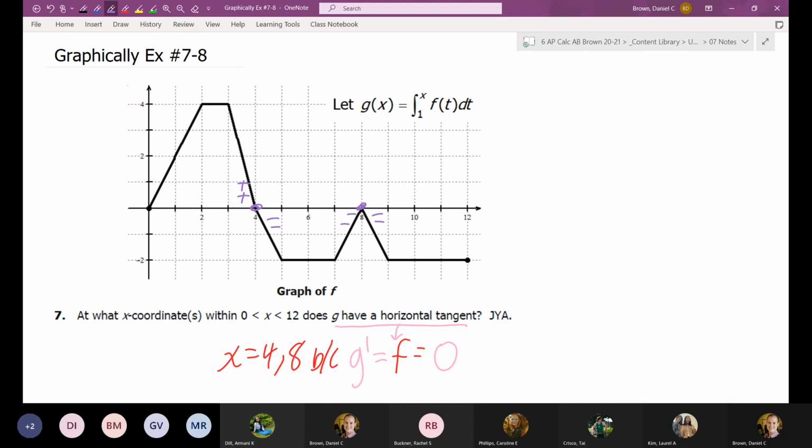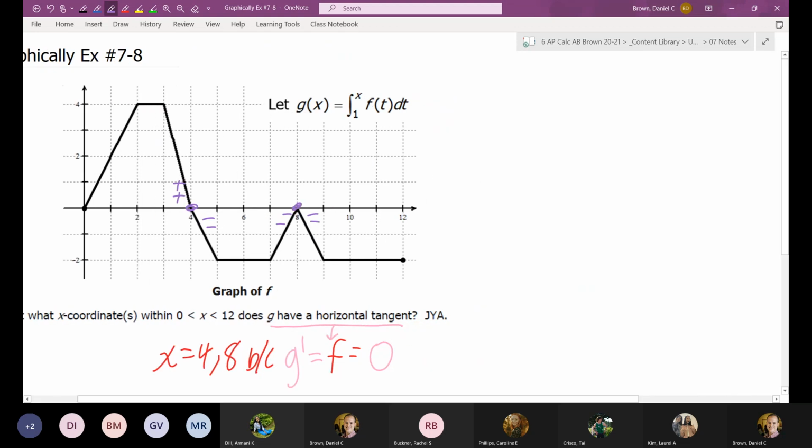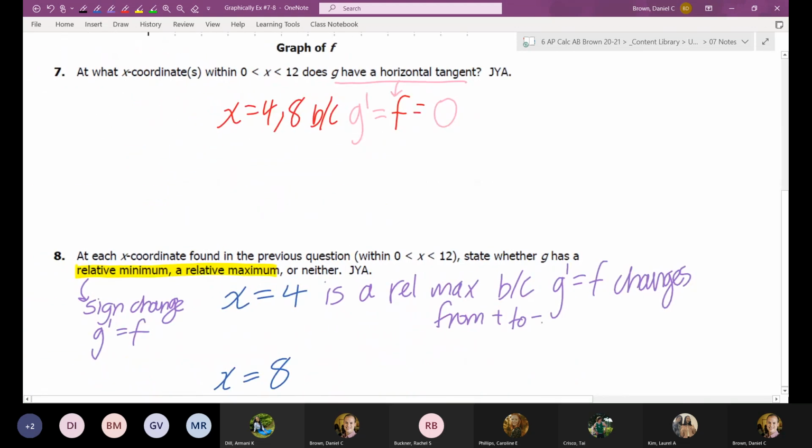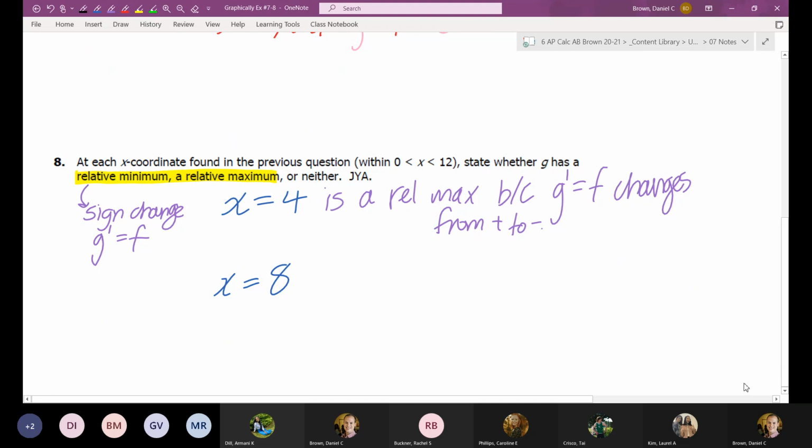So it's basically always decreasing along that interval. So is x equal to 8 anything special? No. So x equals 8 is neither. Why is it neither? Because the derivative, which is the same as f, doesn't change signs.